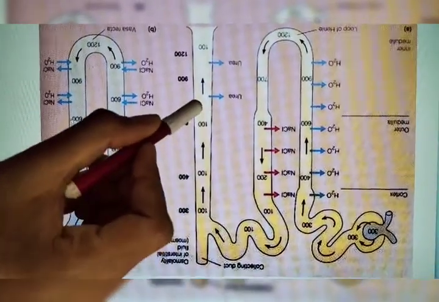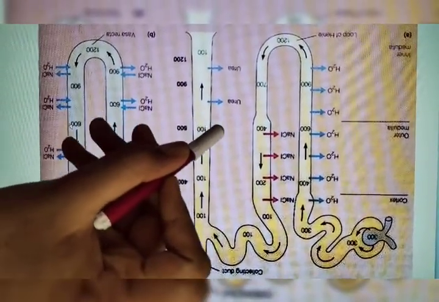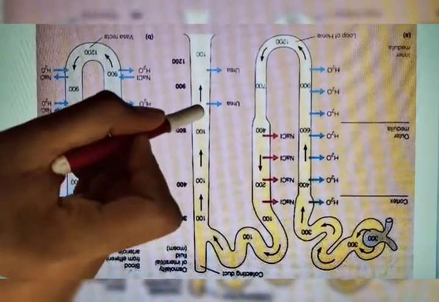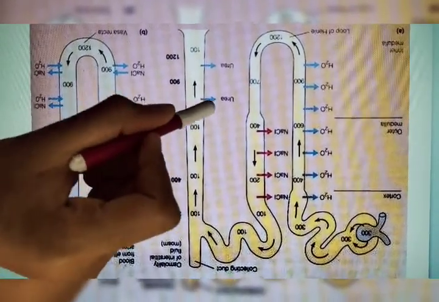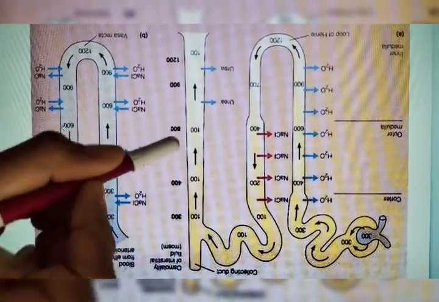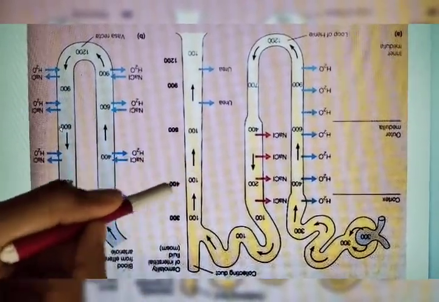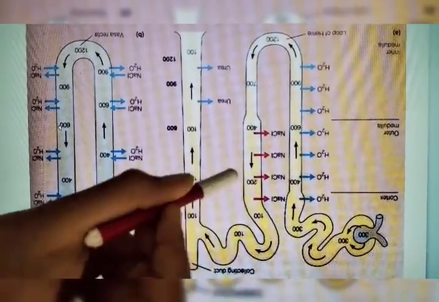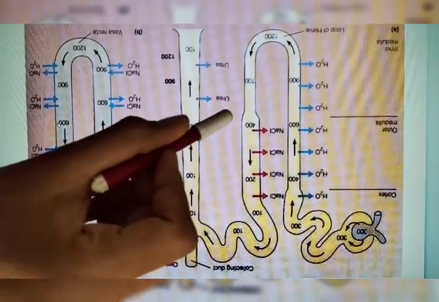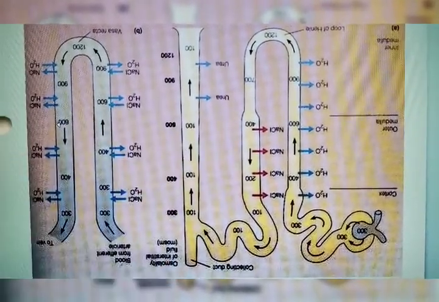And you see the urea is lost from the collecting tubule to the interstitium, so the solute content increases. I told you, the tissue between these tubules is what? The interstitium. So the urea is increased here, as well as the sodium chloride.